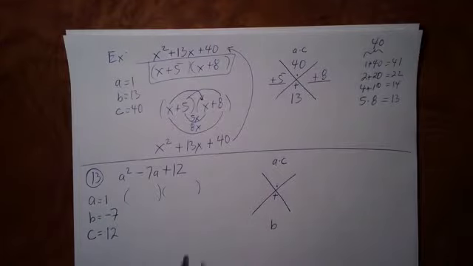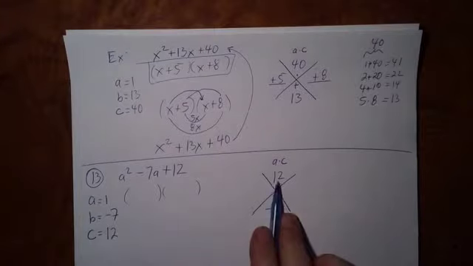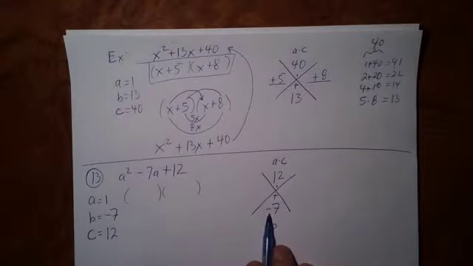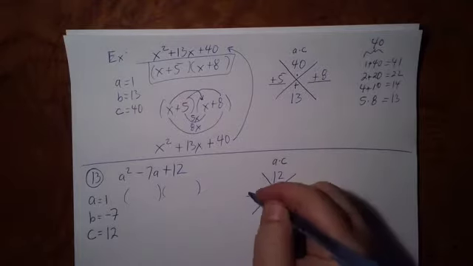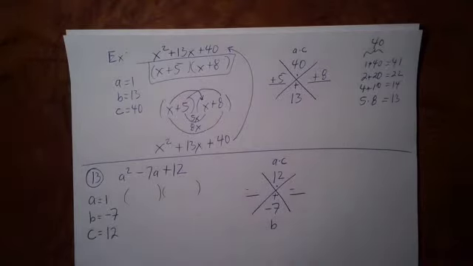So we need two numbers, a times c, that multiply to be a positive 12, but now we need their sum to be negative 7. So by rules of multiplication, the only way we can get a positive product and a negative sum is to multiply two numbers together that are both going to be negative.